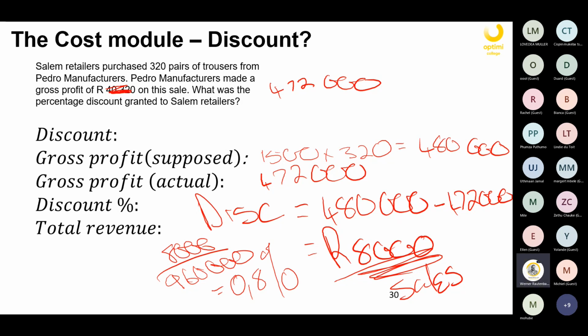The 8,000 is the amount of the gross profit that you did make versus the gross profit that you should have made. But what I actually want to do here is just quickly go over this thing again.